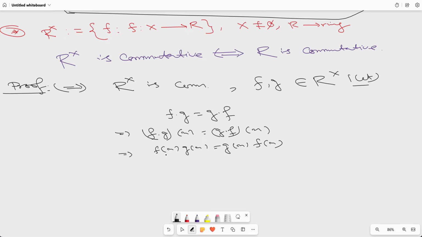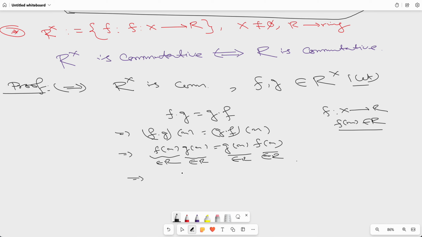See here, f is a function from X to R. What will f(x) be? f(x) will be inside R. So f(x) and g(x) are inside R. So if this is commutative, then this has to be commutative.